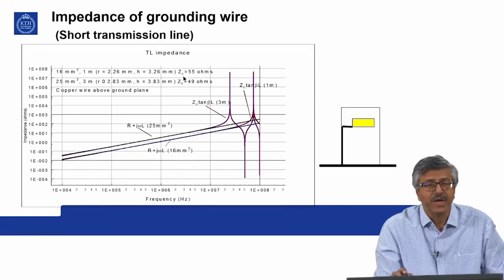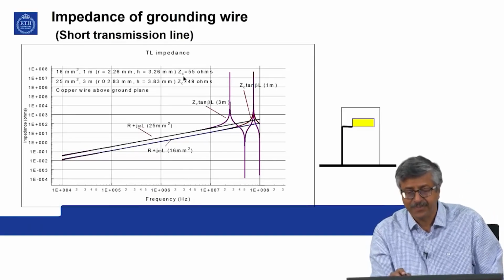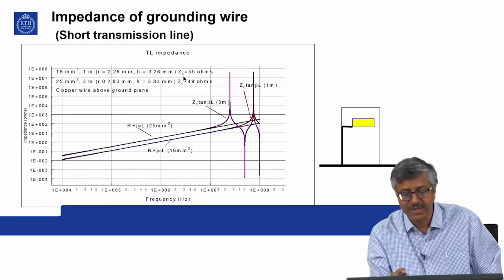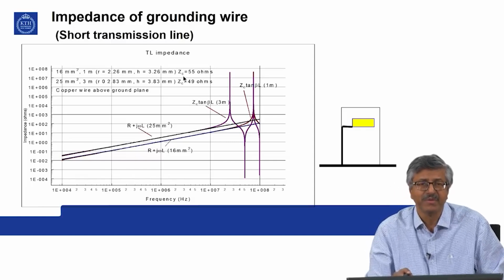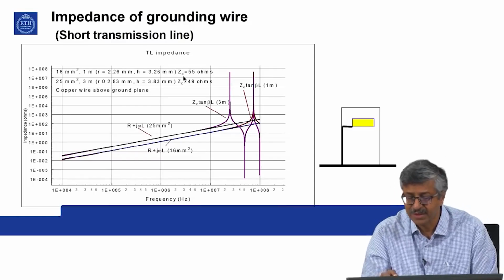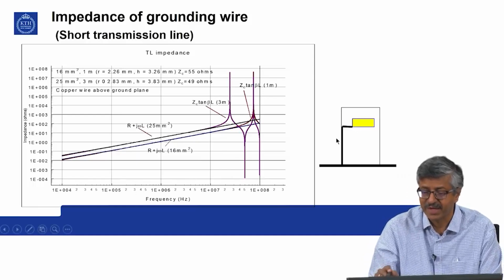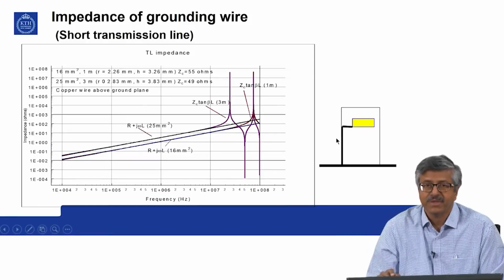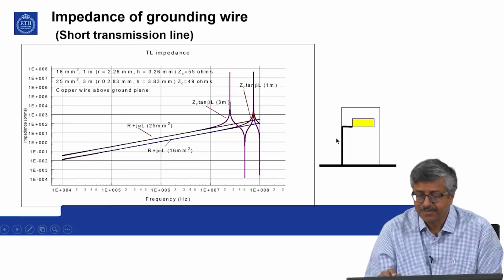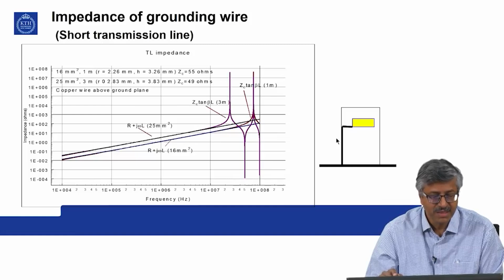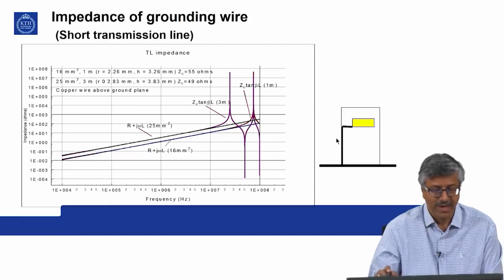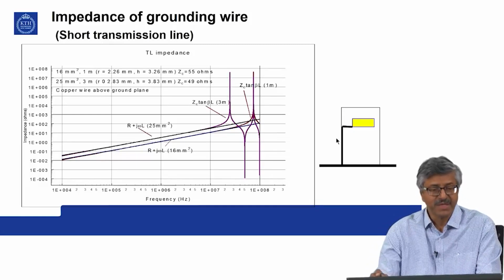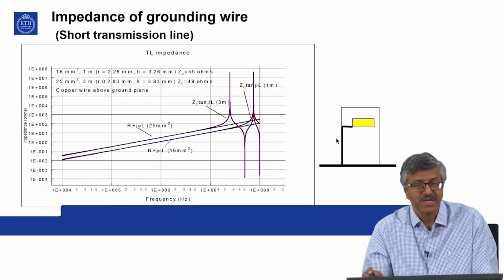So, impedance of grounding wire. The impedance of wires is very important whenever we consider grounding. Say, for example, you have equipment in an equipment rack, and suppose you are asked this question: you have two wires, a 60 millimeter square 1 meter wire and a 25 millimeter square 3 meter wire.